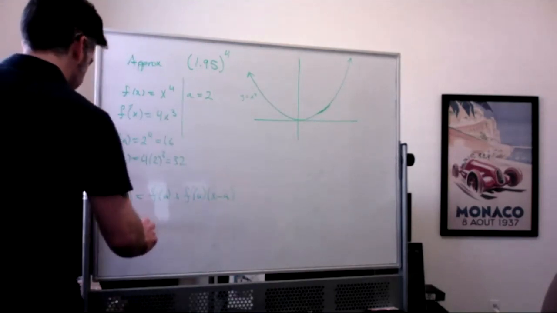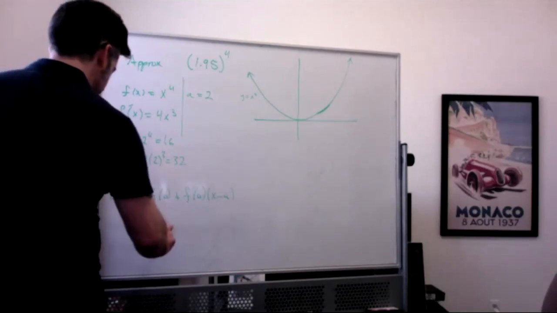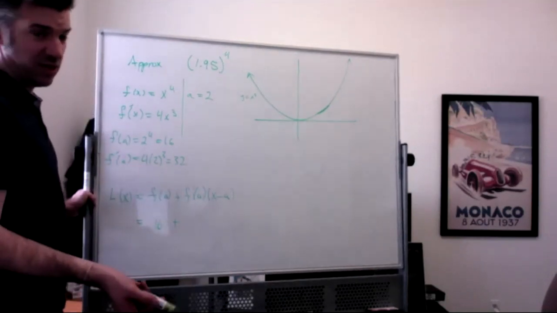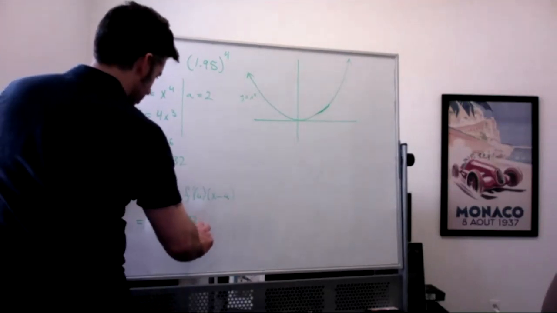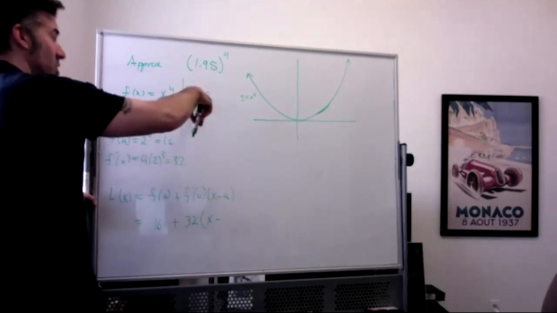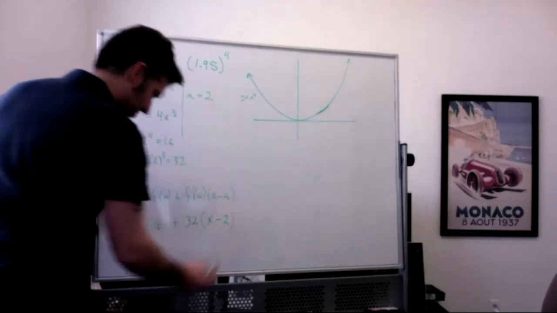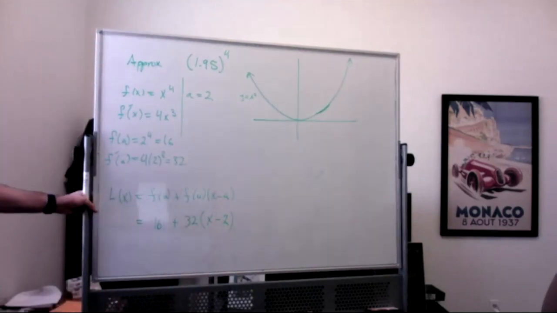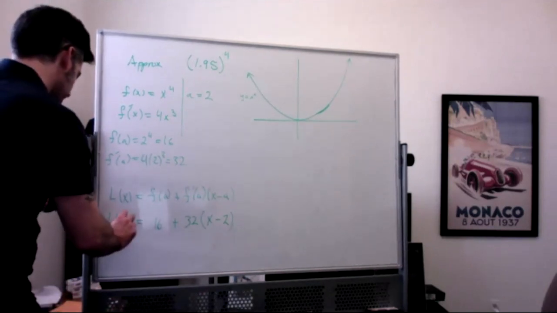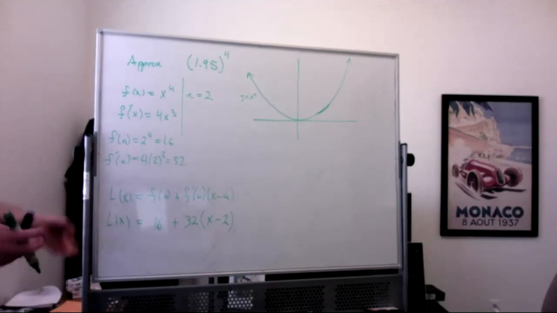So it's going to be f of a, which is 16, plus f prime of a. So the slope at this point is a really steep slope. It's 32 times x minus a, which is x minus 2. All right. So we're going to use this line to approximate the function value at 1.95.